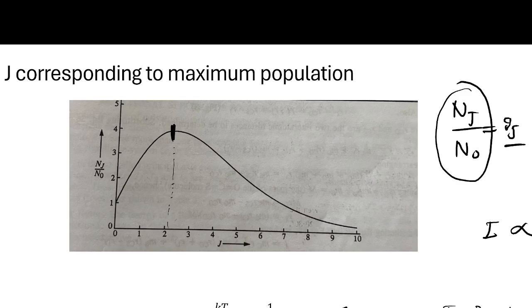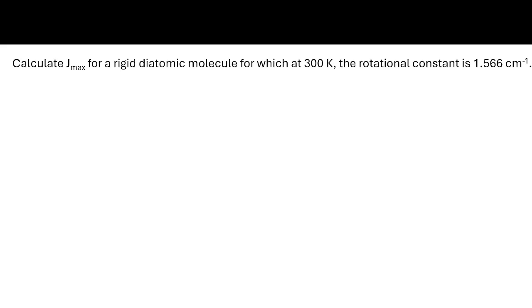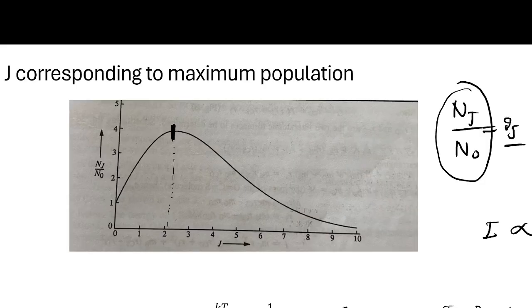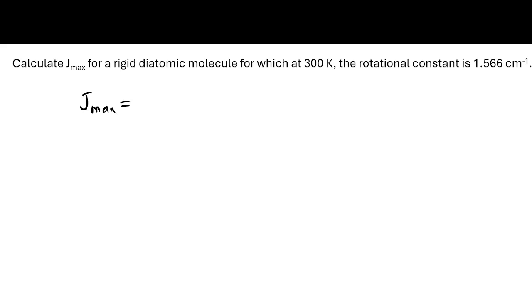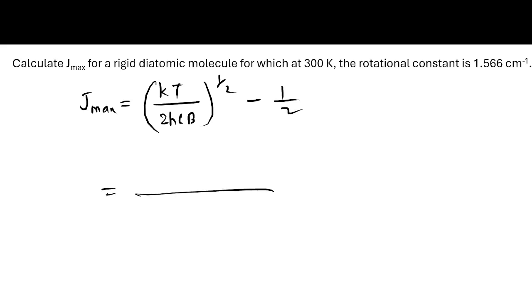Okay, so can we calculate this? J max is, what is the formula? (kT by 2hcB) to the power 1 by 2, minus 1 by 2. So k we know, correct? k is the Boltzmann constant, 1.38 times 10 to the power minus 23 joule per Kelvin.